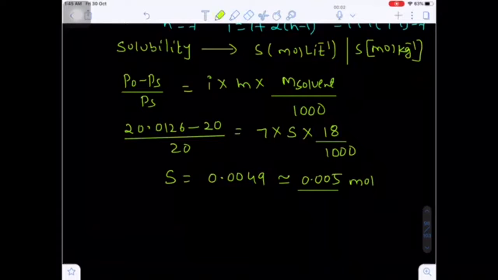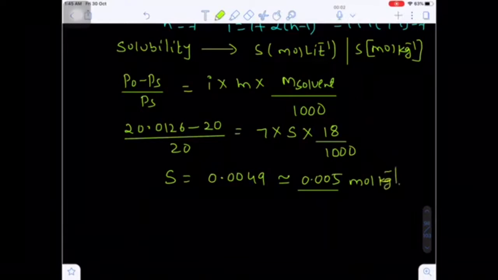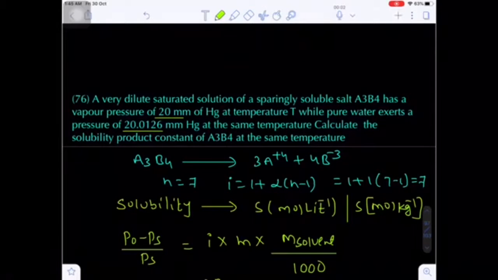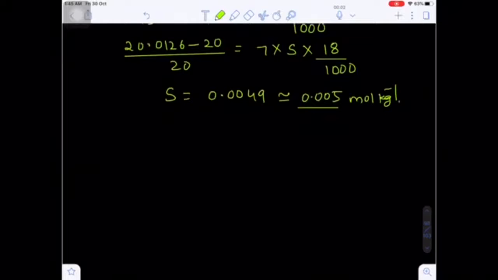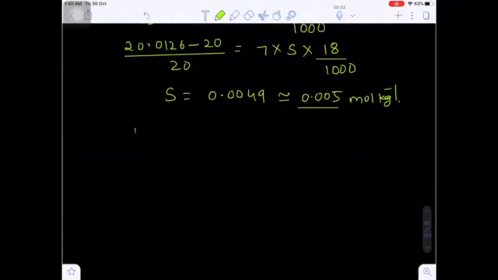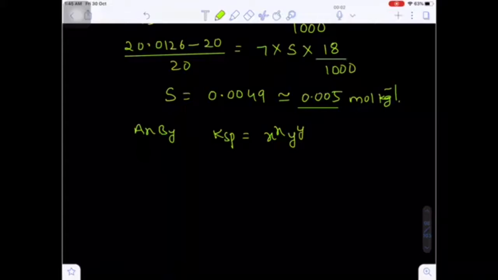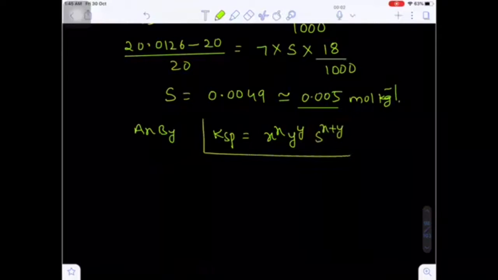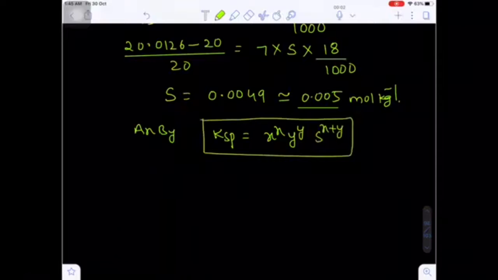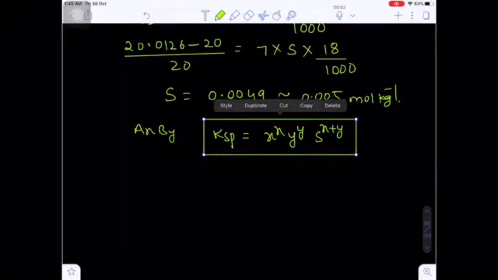Now in the question, what is the solubility product constant? That will be the KSP. Do you know, for an AxBy type of electrolyte, the KSP value equals x to the power x, y to the power y, S to the power x plus y, where S is the solubility and KSP is the solubility product constant.